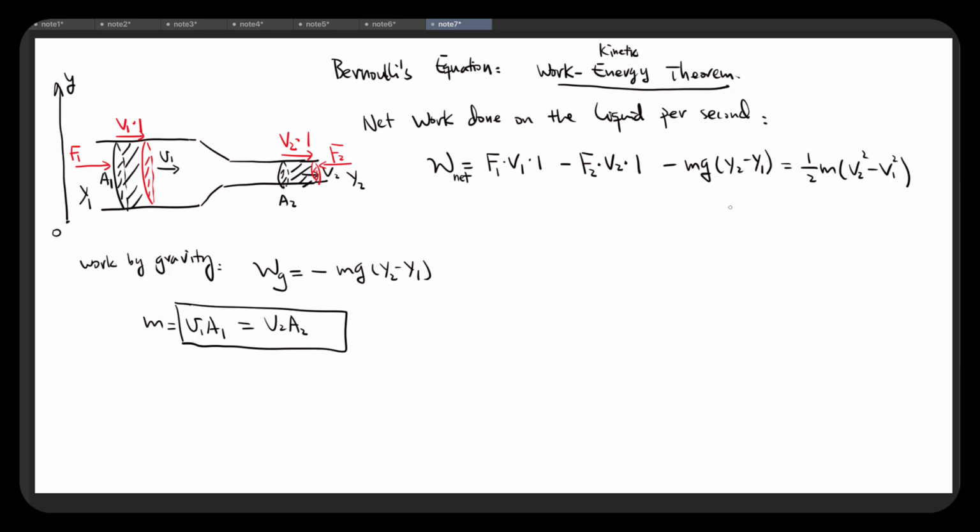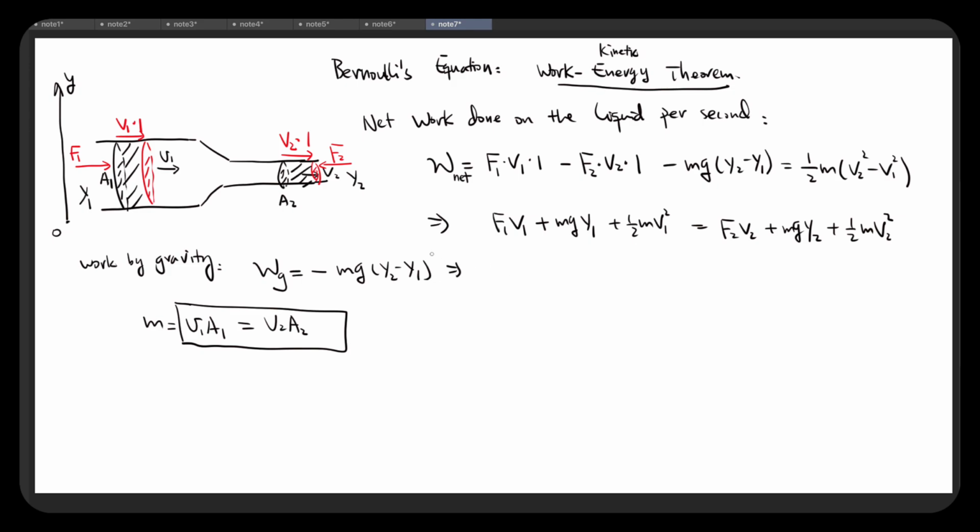Now let's move all the terms containing index 1 to one side, and all the terms containing index 2 to the other side. So we get F1 v1 plus mg y1 plus 1/2 m v1 squared equals F2 v2 plus mg y2 plus 1/2 m v2 squared.